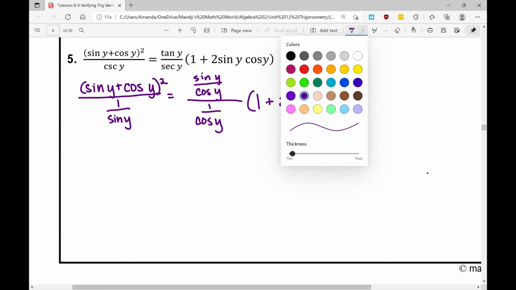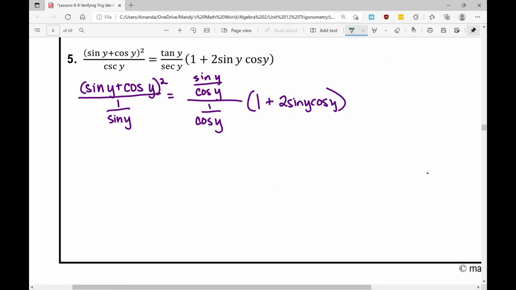Okay, next step. When I'm dividing these fractions, these look like complex fractions. When I divide them, I'm going to multiply by the reciprocal. So I'm going to rewrite sine y plus cosine y squared over 1 times, and I'm going to flip 1 over sine y.